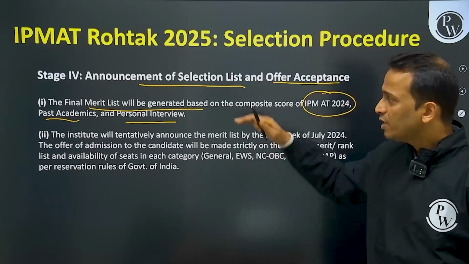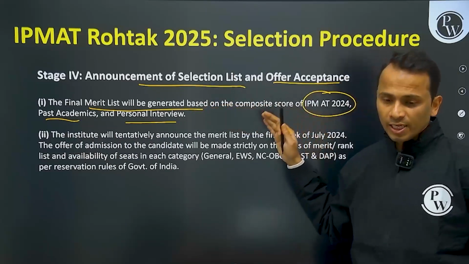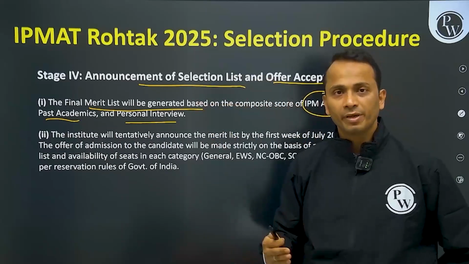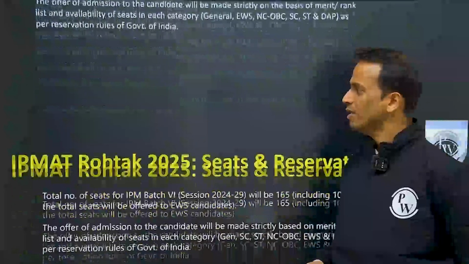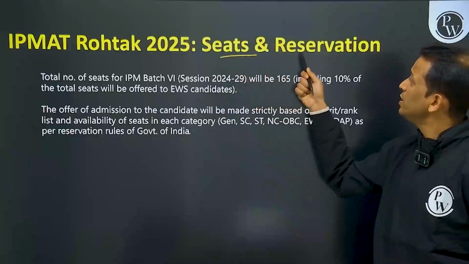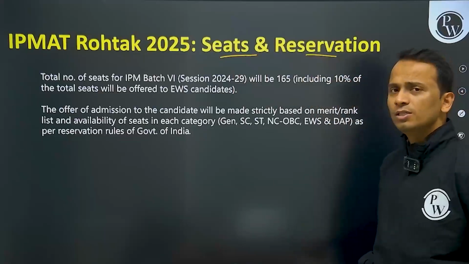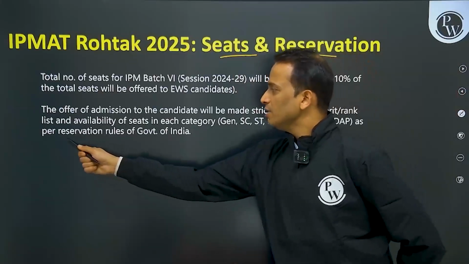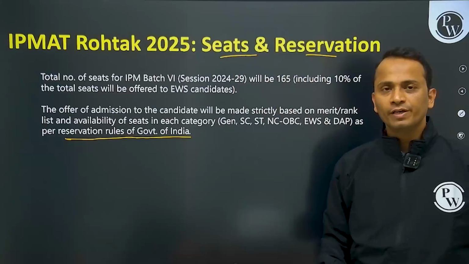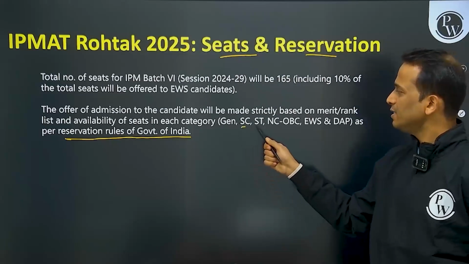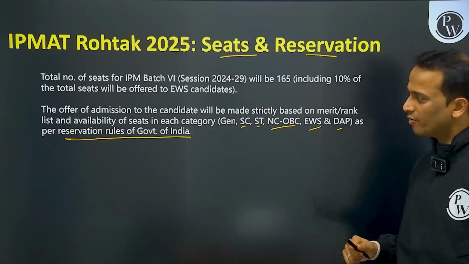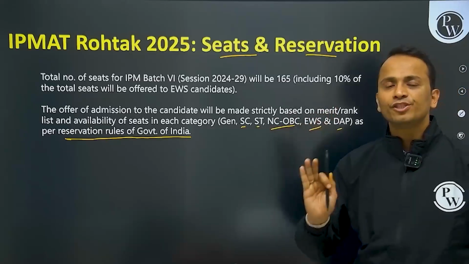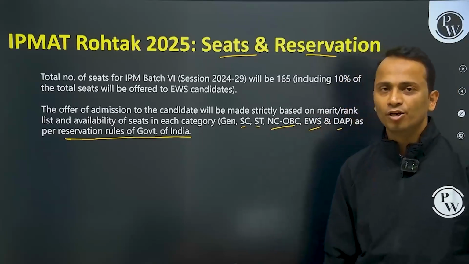After considering all these things, a final merit list will be prepared and you will be offered admission for this program. The next thing is the number of seats and the reservation. The reservation is as per the rules of the Government of India for SC, ST, NCL, EWS and PWD categories.